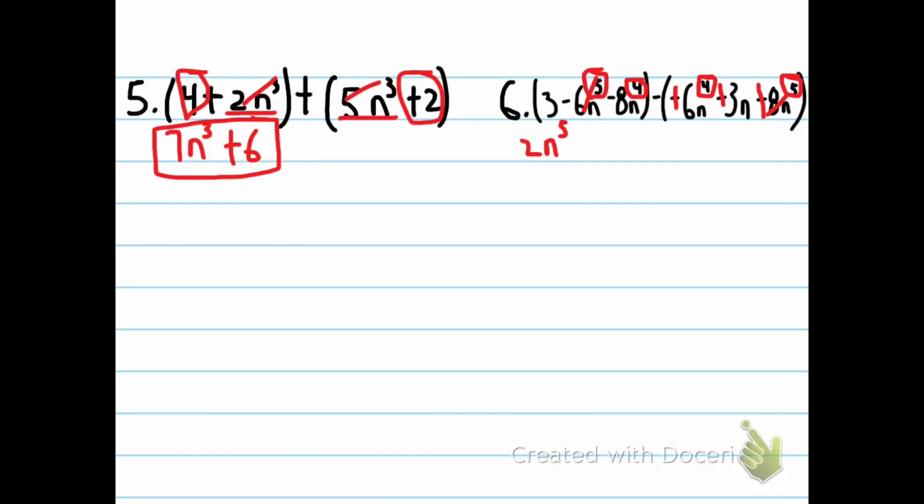So -8n plus 6n is -2n to the 4th. Cross these out. And then this 3 is the only term that has a variable of n with it, so it will just be 3n. And then there's this 3 that's alone, so that's just 3. So this is our answer.